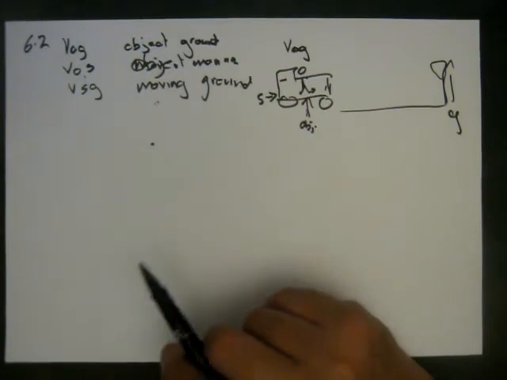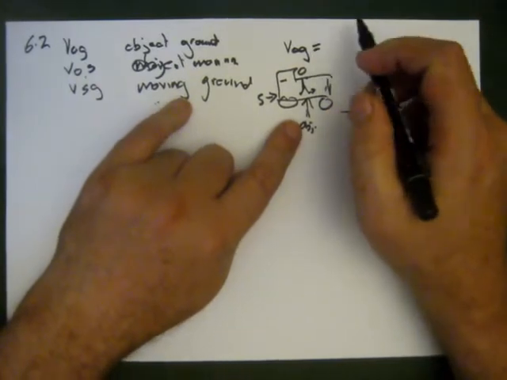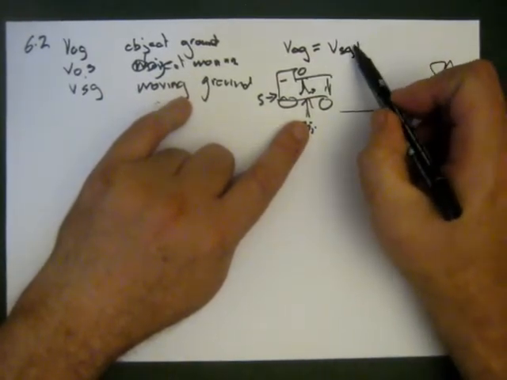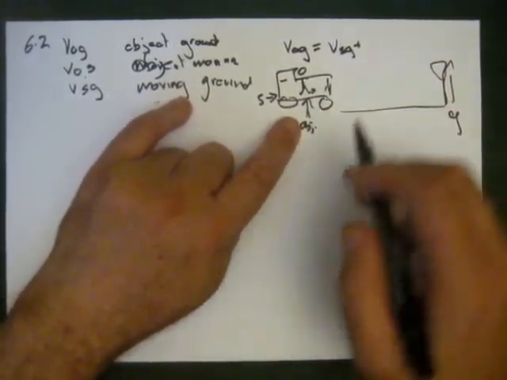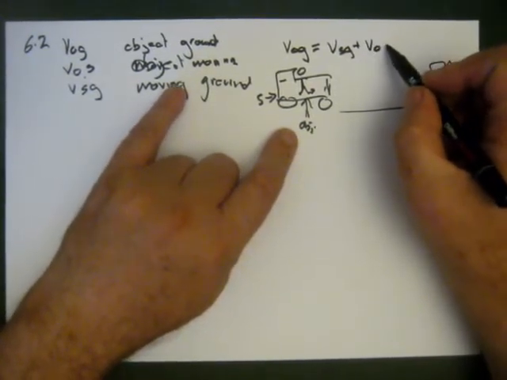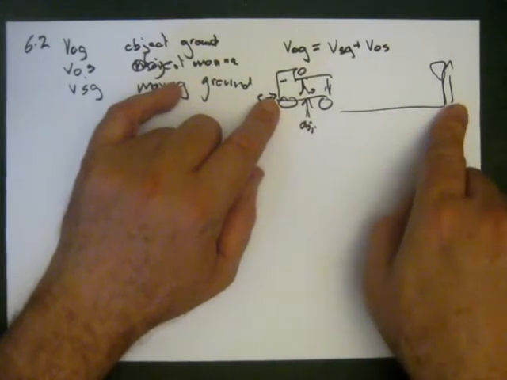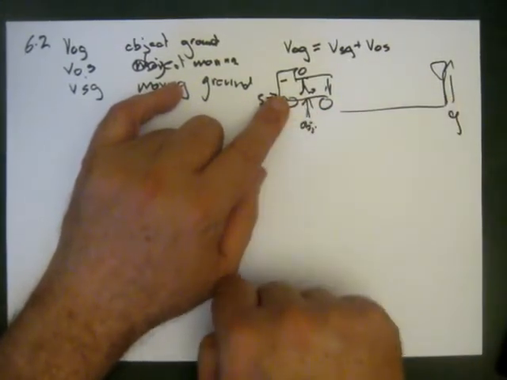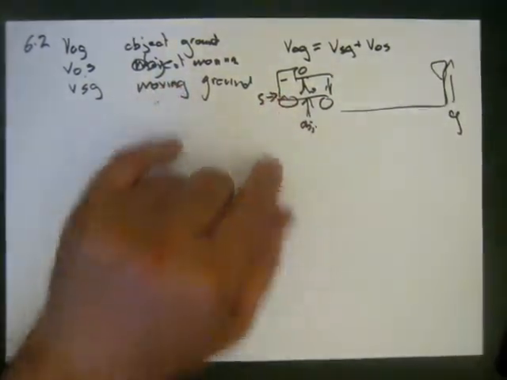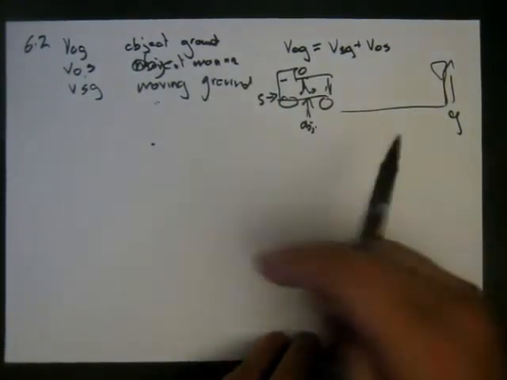The velocity of me relative to the ground is going to equal the velocity of the train or the truck relative to the ground plus whatever speed I'm walking forward. If I'm on a train, the train's moving forward, my total velocity towards that tree is equal to my velocity relative to the train plus how fast the train is going. So I add my speed to the train speed, and that gives you total speed. For some reason we love trains when we're doing these examples.